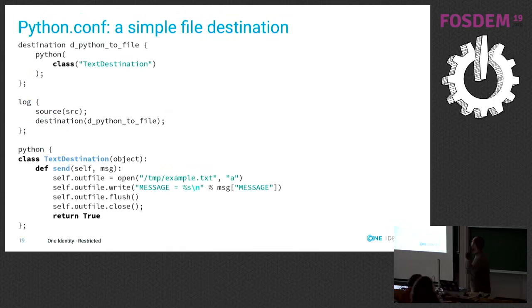Here is a very simple Python destination. It's practically a file destination re-implemented in Python. As you can see, here is just a single class option in the Python destination, the same as here in the Python code. We have a log statement which connects the default source to the Python destination, and here is the Python code inline in the syslog-ng configuration.